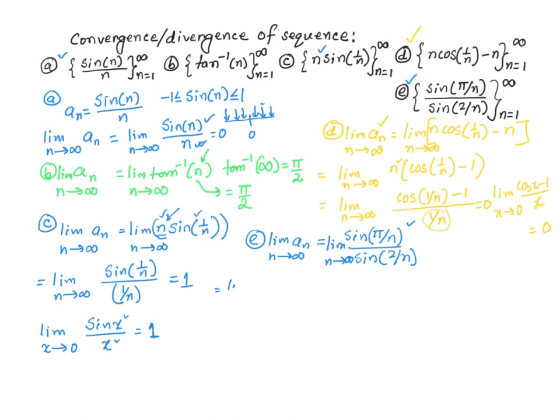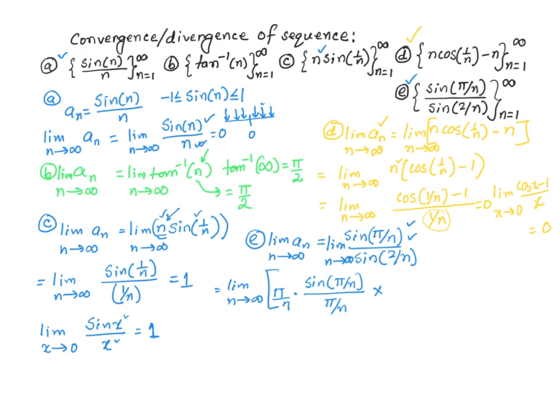So limit as n approaches infinity. Let's put it inside a big square bracket. I'm going to write sine of pi over n divided by pi over n, okay? And since I divided by pi over n, I want to multiply it by pi over n. That's just the numerator.